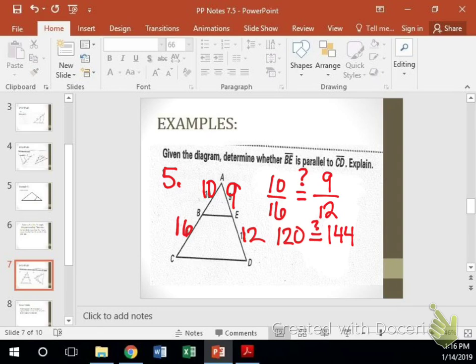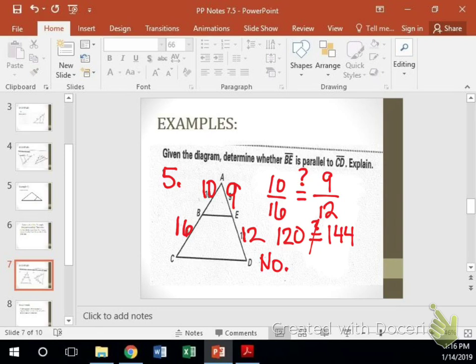So, do these come out to be equal? No, they are not equal. So if your cross products are not equal, then those ratios are not proportional. So is BE parallel to CD? No.